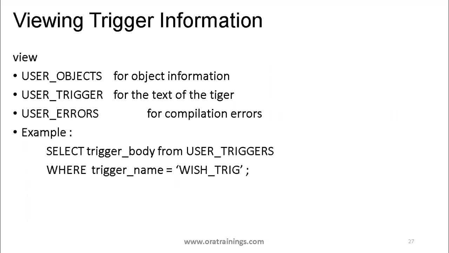You can get the source code, and you can get the errors, like user_errors for the compilation errors, because for any PL/SQL object, any error will be available in user_errors. Similarly, for triggers, the source code will be available in a different table, as I mentioned earlier. And coming to user_objects, all the object information in the database will be available in user_objects.